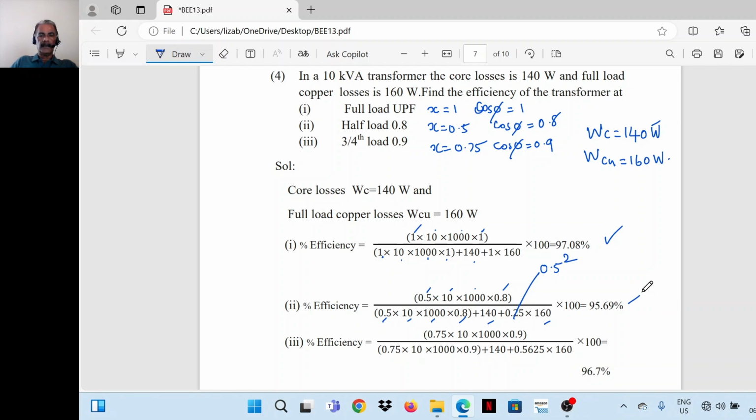Third case, x is equal to 0.75, kVA 10 into 1000, cos phi 0.9, divided by x kVA 1000 cos phi plus WC plus x square, 0.75 square into 160. That is 96.7%.